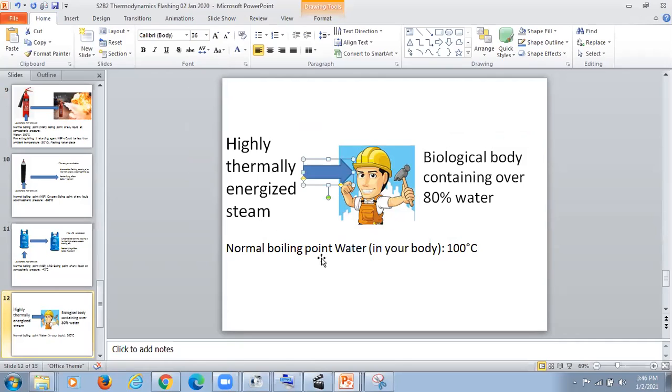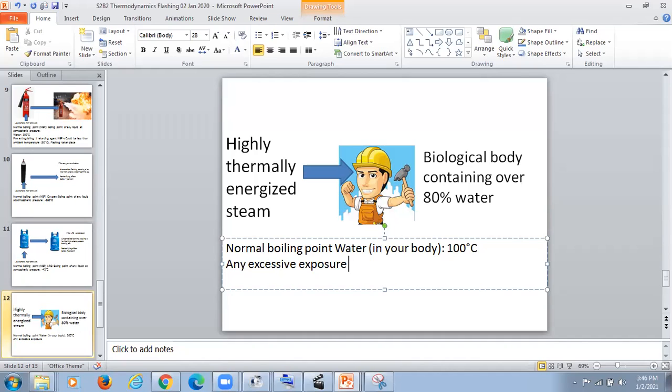If this steam comes, the highly thermally energized steam, any excessive exposure would be fatal.